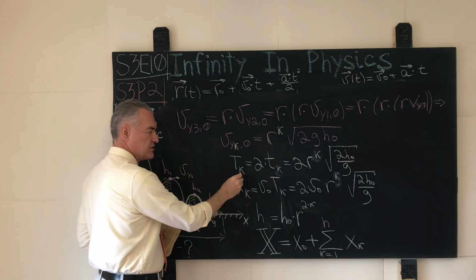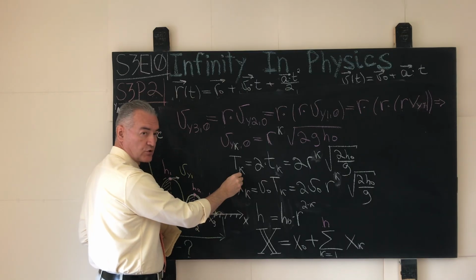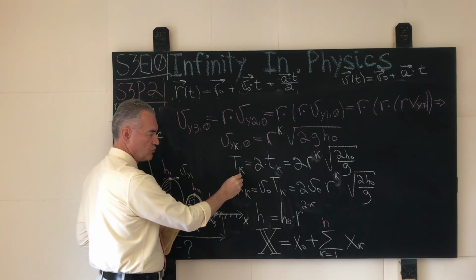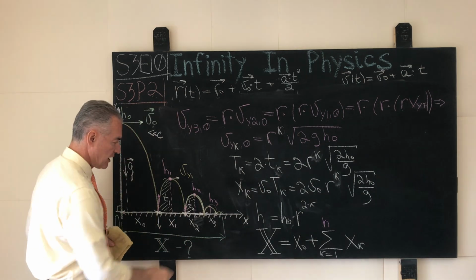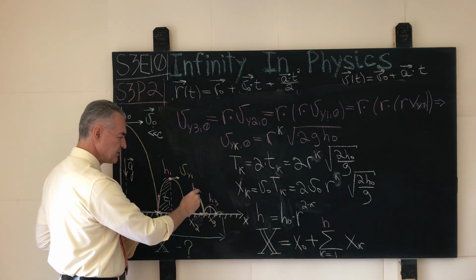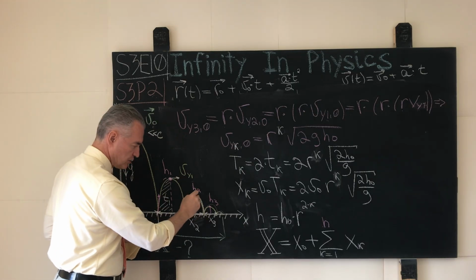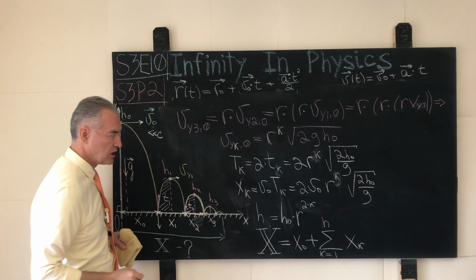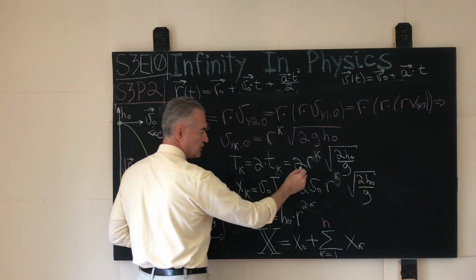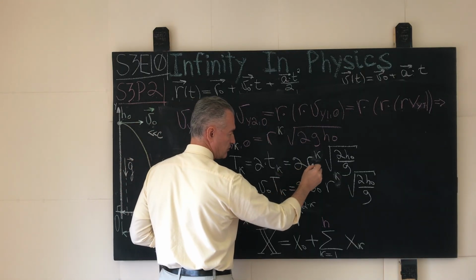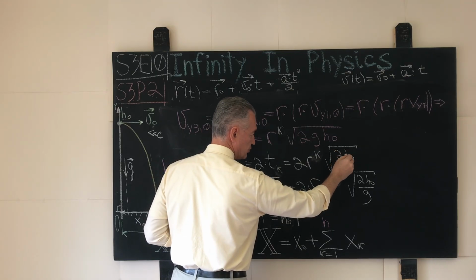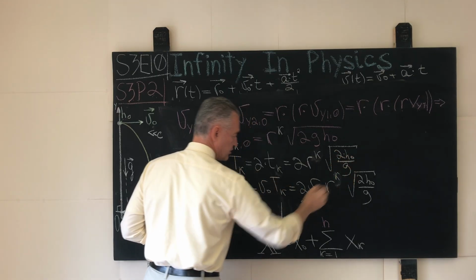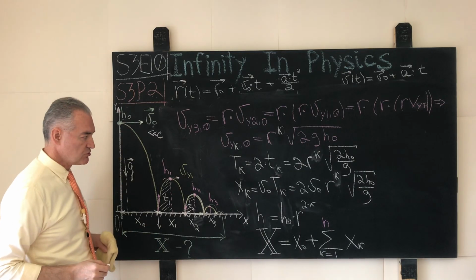The time that the chicken will spend airborne during that bounce is given over here. It's twice the time that it takes the chicken to climb to the highest point, half the overall time to ascend, half of the overall time to descend. So that will be 2 times r raised to the power of k times square root of 2 times h0 divided by g, acceleration due to gravity.